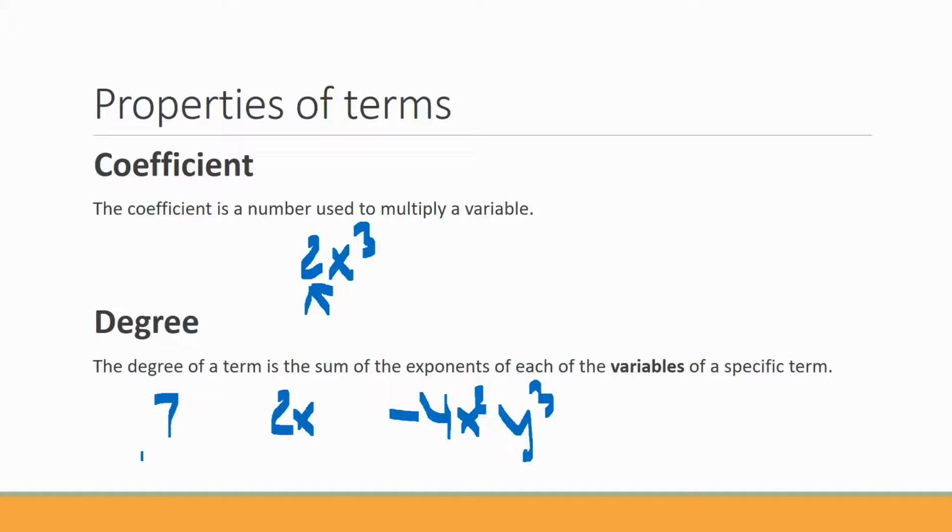There's no variables, so this is degree 0. This variable has an exponent of 1, so this one is degree 1. This term, the negative 4x squared y cubed, the exponents are 2 and 3, so the degree is 2 plus 3, which is 5. So the degree of this term is 5.